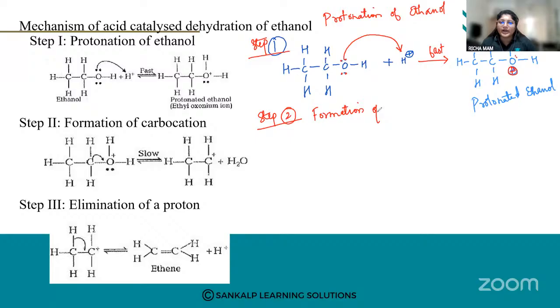formation of carbocation. What do you mean by carbocation, students? Carbocation means the carbon with positive charge. Again I am going to write the product formed there: CH3, CH, O, H, H, with a positive charge.